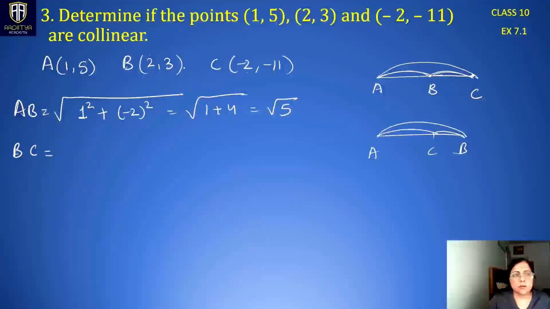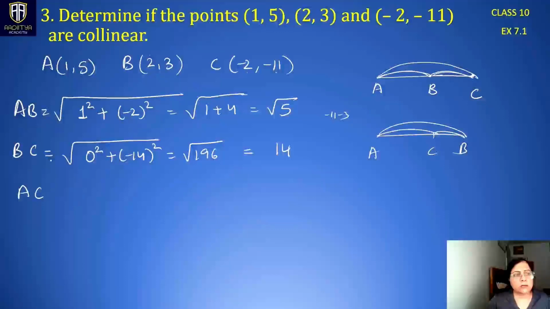BC is minus 2 minus 2, which is minus 4... minus 2 minus 2 is 0 square. Then we have minus 11 minus 3, which is minus 14 whole square. That is 14 squared, which is 196. That becomes 14 itself.